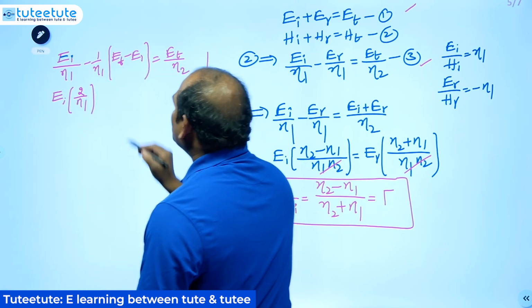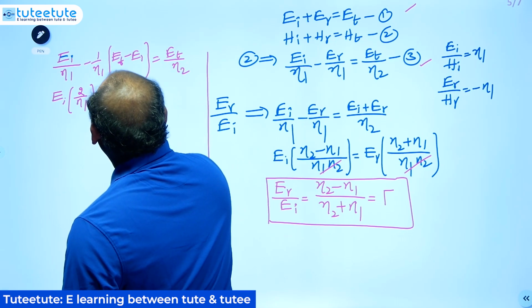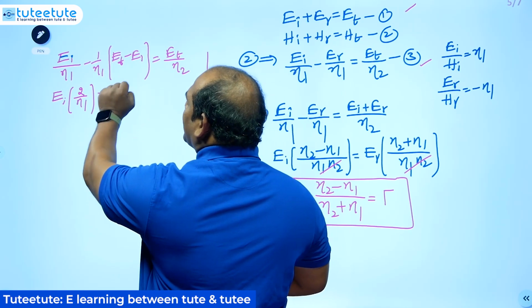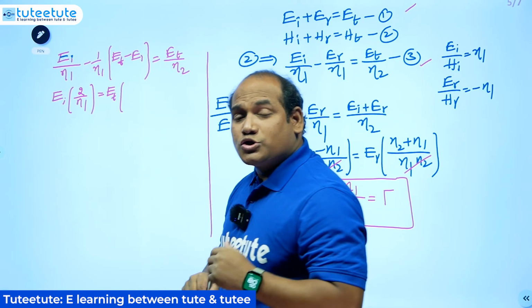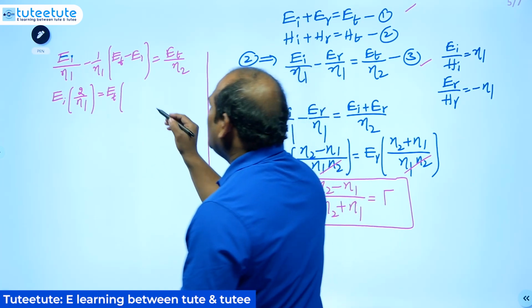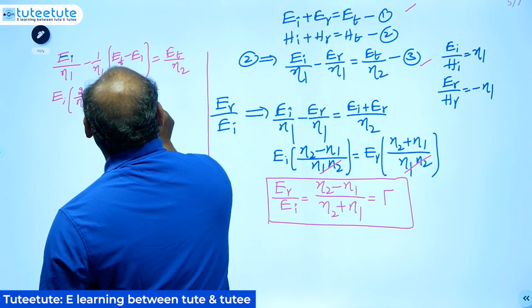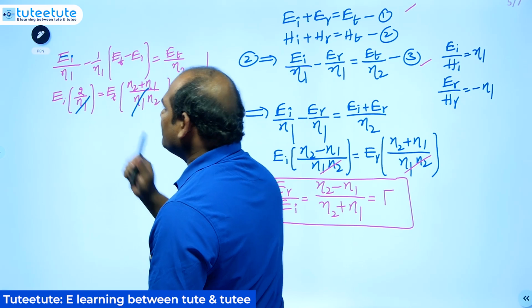It is equal to ET by eta 2, and here we will get minus ET by eta 1. Sending that to this side, 1 by eta 1 plus 1 by eta 2 will give eta 2 plus eta 1 by eta 1 eta 2. So here this eta 1 will be cancelled.